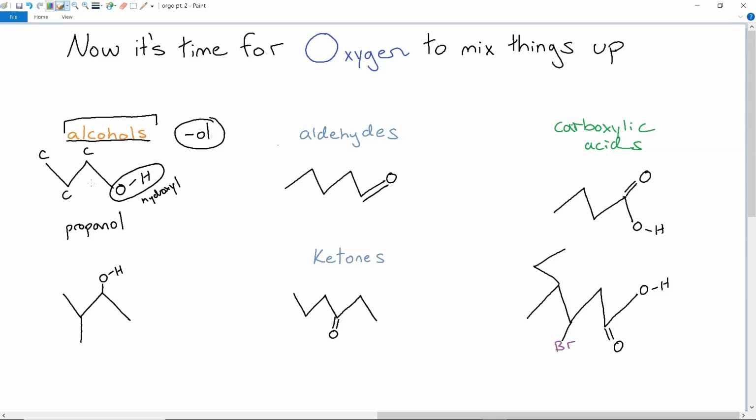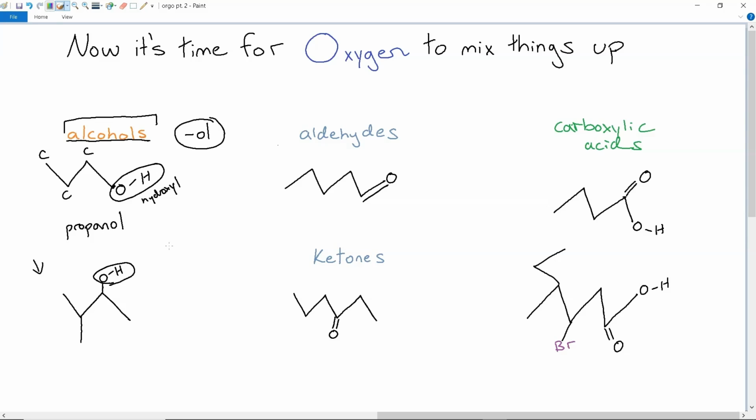There are cases where our hydroxyl group is not at the terminal end of our hydrocarbon chain. So as you can see here, the oxygen is at the end of our chain. But if I look down here, there can be situations where this hydroxyl group shows up in the middle of the chain. When this happens, we always need to give the numbering priority to our hydroxyl group.